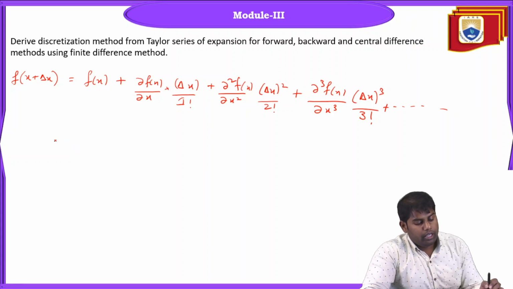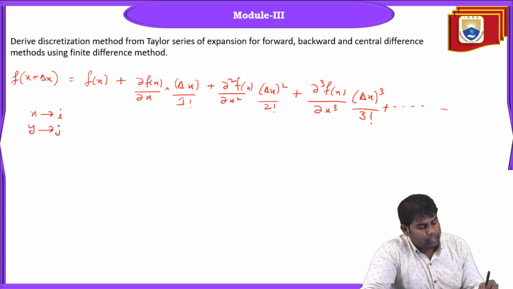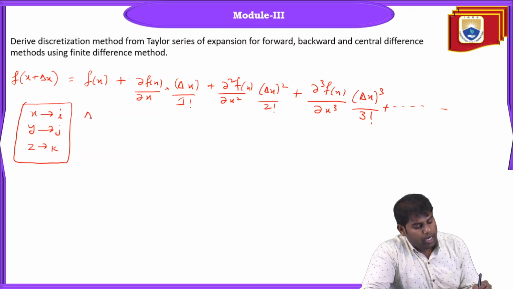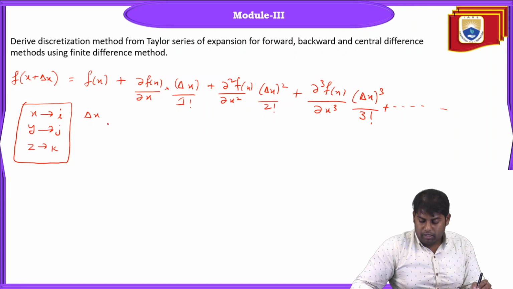Now, in the index notation, x is nothing but index i, y is nothing but index j, and z is nothing but index k. Delta x is nothing but the distance between two grid points.